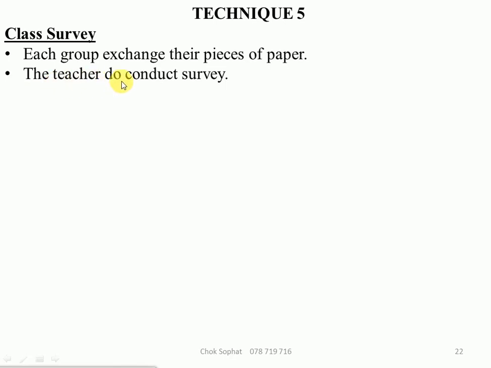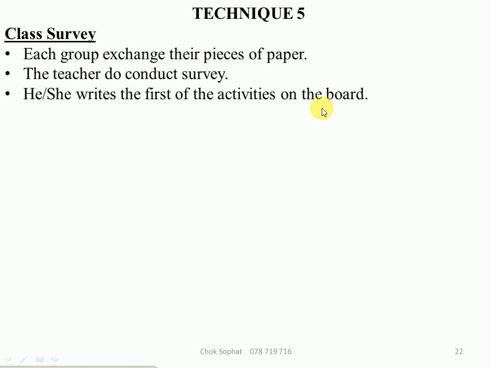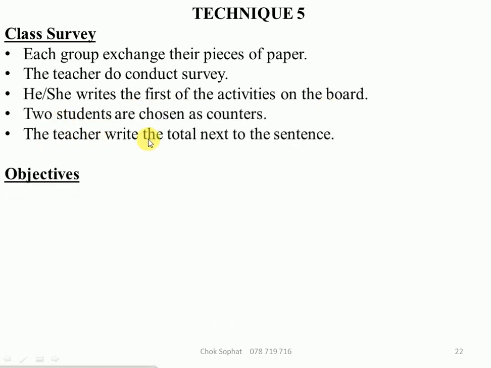Okay, the teacher will conduct a survey. Here is the procedure that we ask the students to do, the technique, and the objective. Why do we want our students to practice this technique?